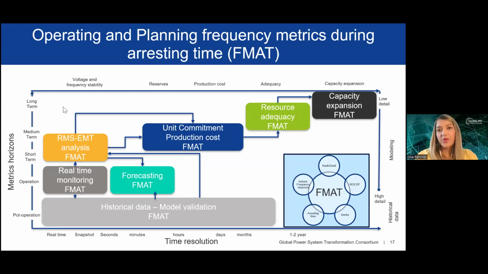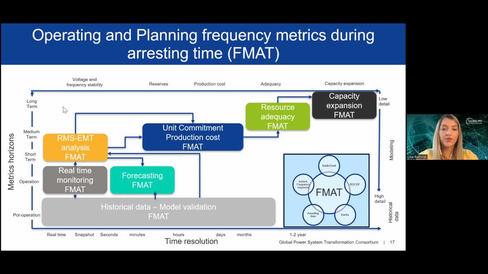Also real-time monitoring, as we are doing, tracking inertia and the other metrics, is really important, and it can provide awareness to the operator to see if the system is stable after the largest contingency, and if they have enough resources to provide during the resting time in order to keep the lights on.